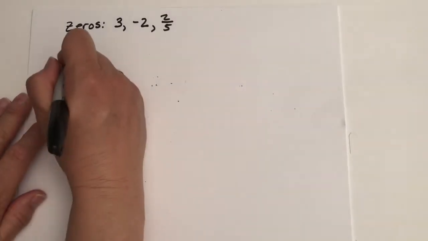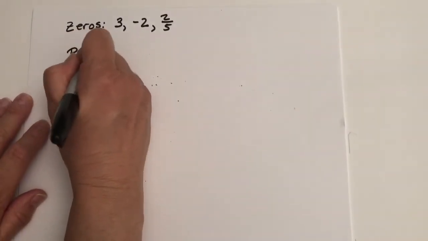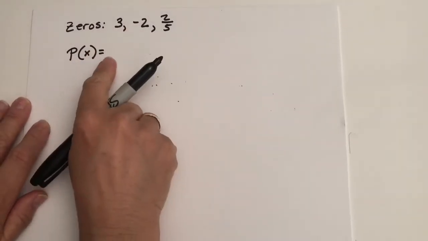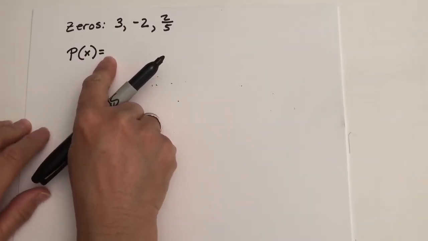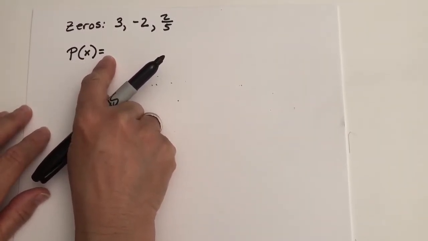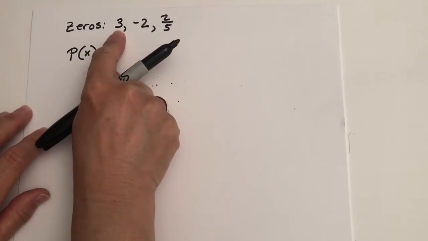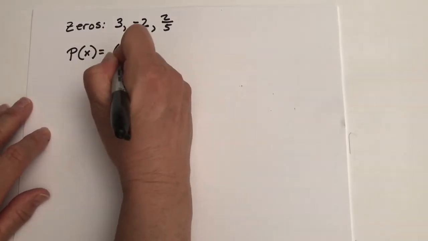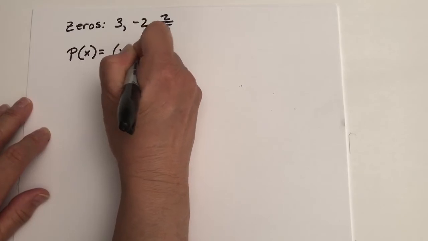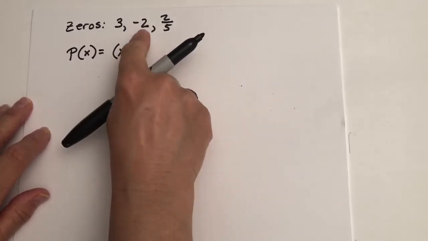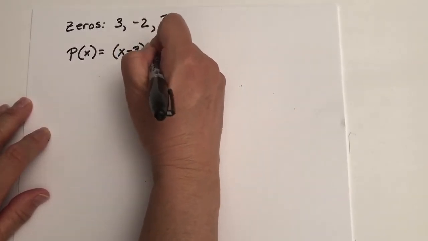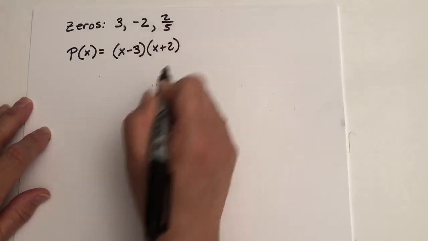We could determine what the polynomial is based on this. We don't necessarily know what the leading coefficient would be, but we know if 3 is a 0, that x minus 3 would be a factor. And if negative 2 is a 0, then x plus 2 would be a factor.